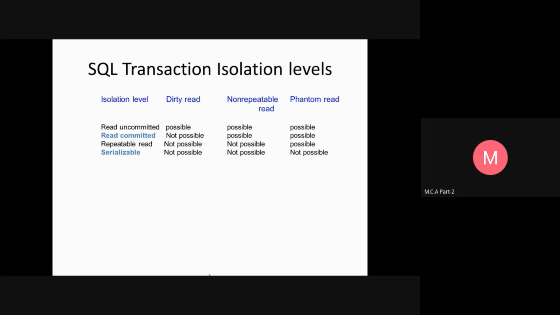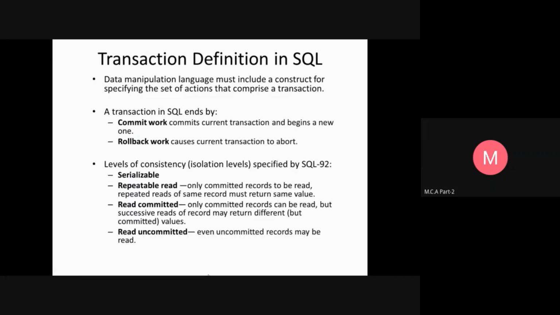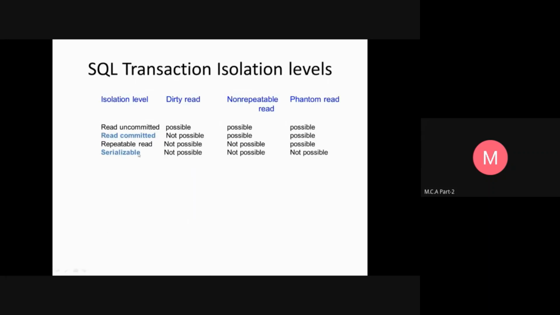So if we go to this slide of ours, in serializable, non-repeatable reads were not possible. We do not see the phantom phenomena. It's fine. But you will know that there is a difference between the two. Okay. So we will look at concurrency schemes in the next session.